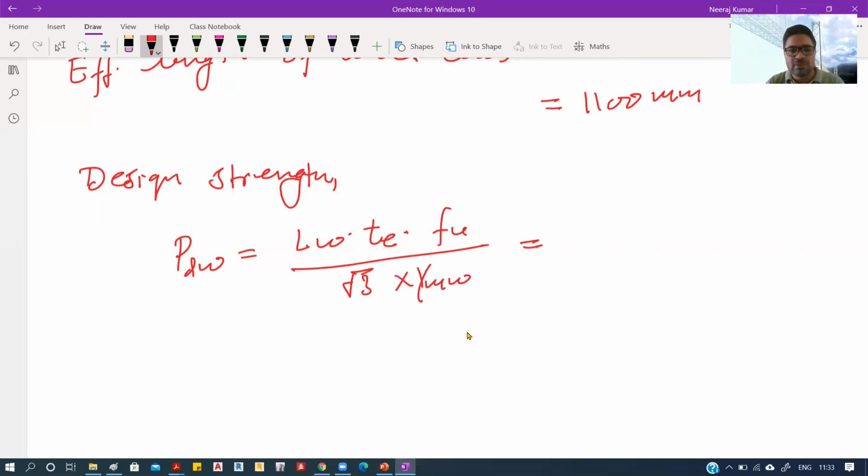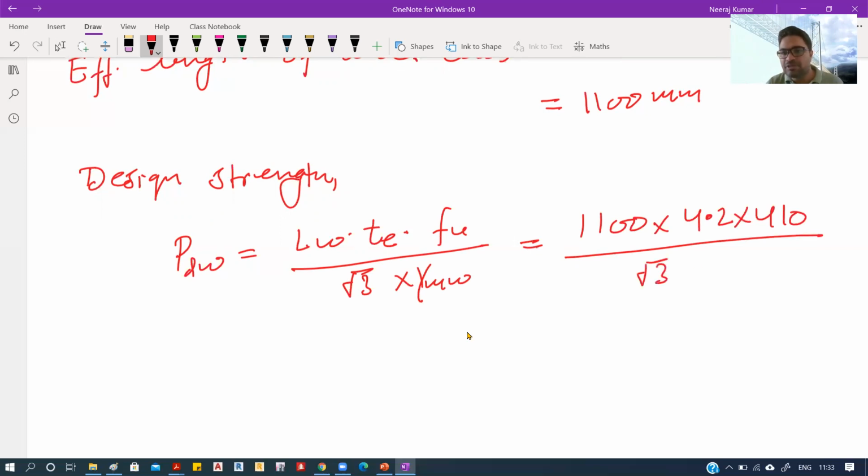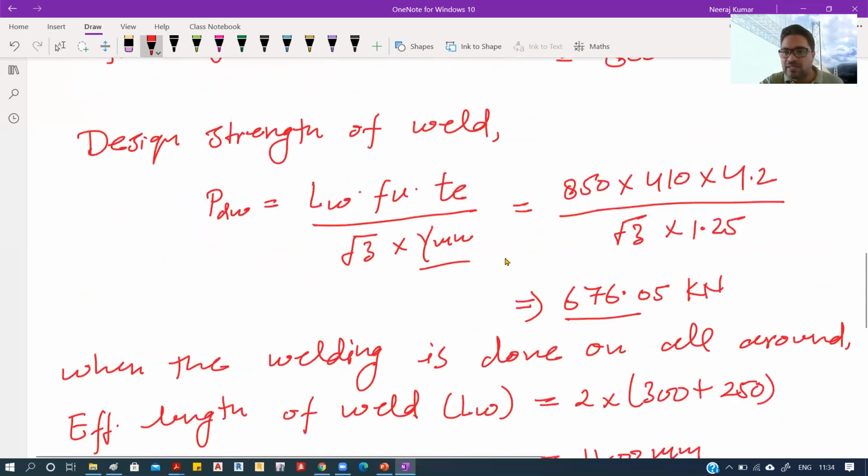LW now becomes 1100 multiplied by 4.2 multiplied by 410 and divided by under root 3 multiplied by 1.25. One second, I got the value directly in newton.